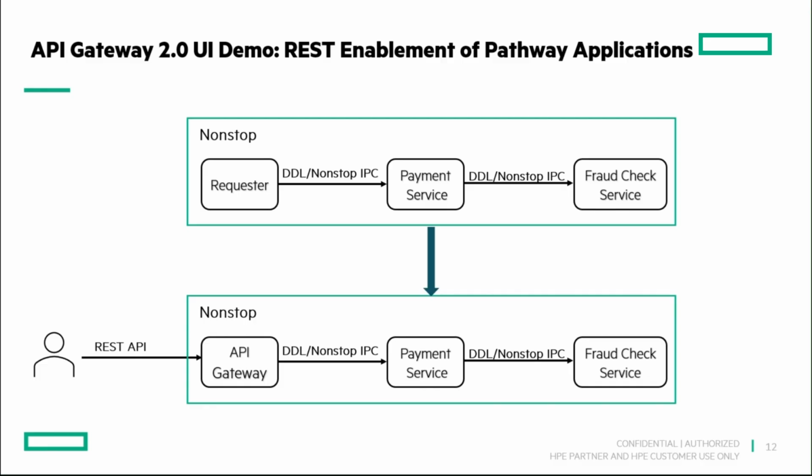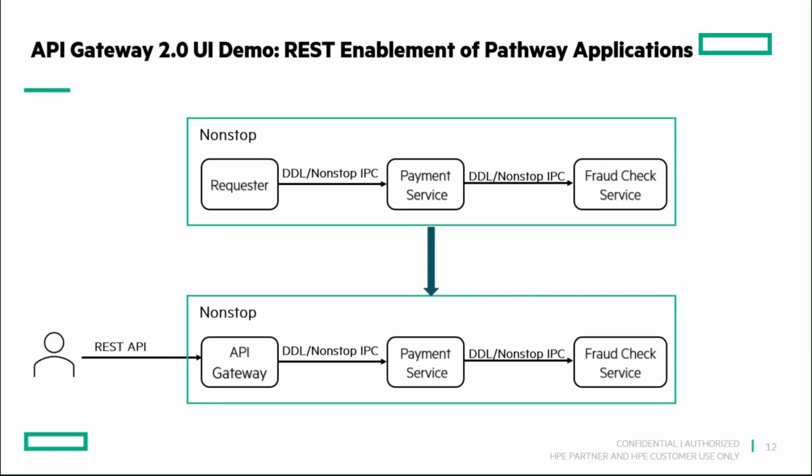It accepts HTTP/HTTPS requests with a JSON payload, transforms the JSON into DDL format, and then invokes the payment service. The response from the payment service is converted back into JSON and returned to the client. Importantly, no configuration or code changes are required in the payment service to achieve this integration.